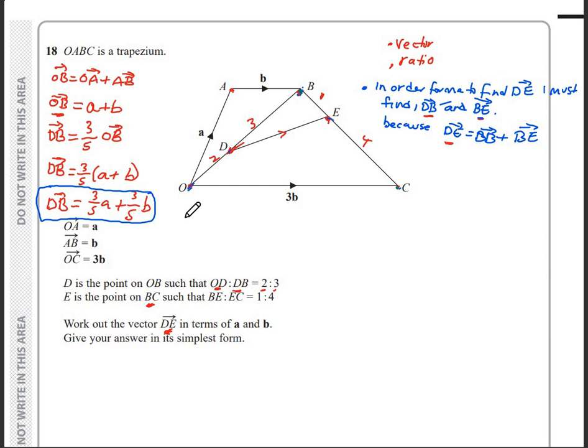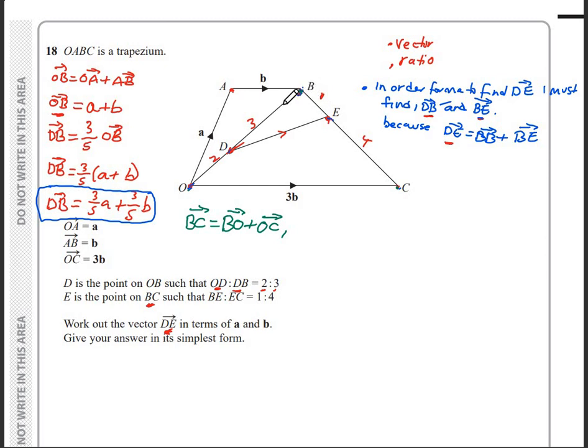So BC equals BO plus OC. Remember, why am I finding BC? I'm finding BC because I realized that BE is a part of the line BC. So if I find BC, then I can work out what part of the line it is.